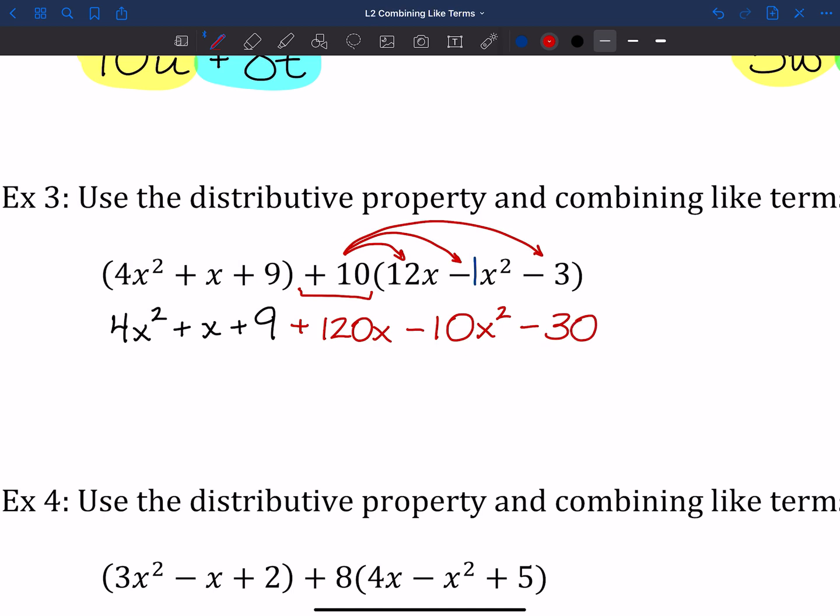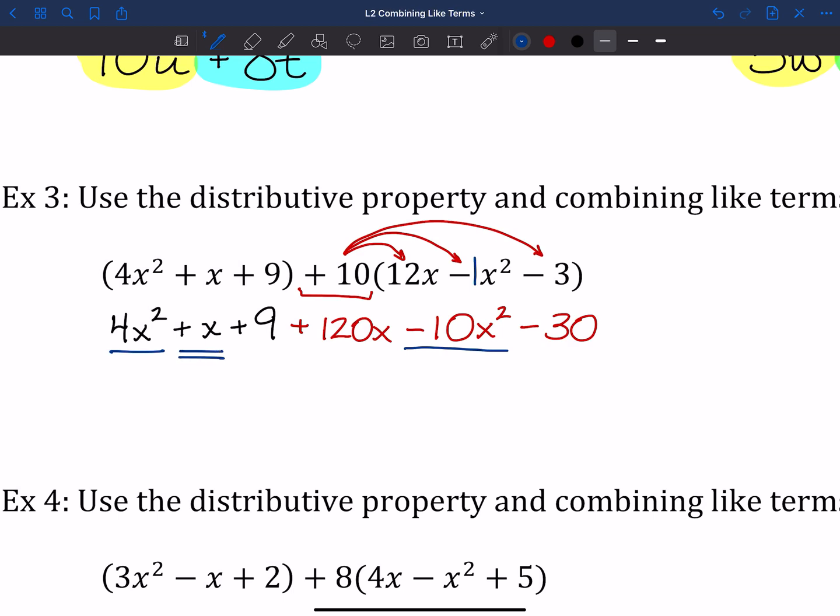Right? So now we're able to combine our like terms. We've got some things that can match up together. All right, so I'm going to show you guys that other way that I was talking about where you can just use different numbers of lines underneath. So 4x squared matches up with these negative 10x squareds, so I know that I can combine those when we get to that.